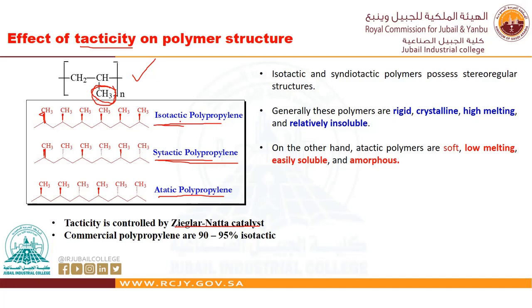The first two, isotactic and syndiotactic, are stereoregular, and therefore they are rigid, crystalline, have a high melting point, and are relatively insoluble. While the last one, atactic, which has an irregular arrangement of the pendant group, is soft, has a low melting point, is easily soluble, and is relatively transparent, which means it is amorphous.